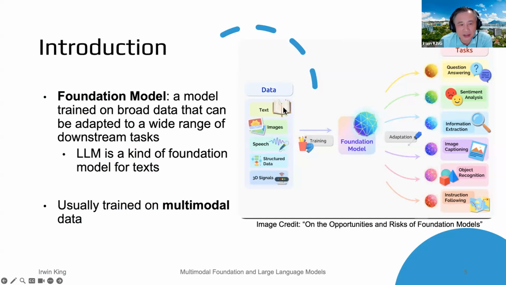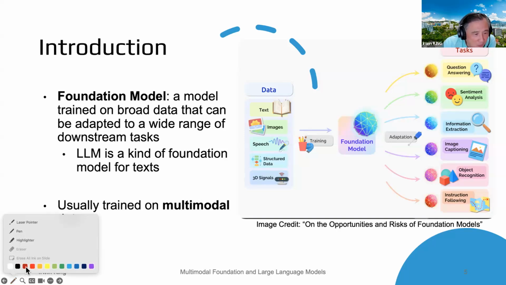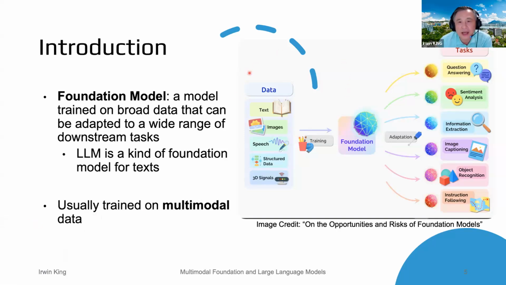You can see this on the left side with the laser pointer. These are the data. The foundation model has some kind of pre-training and then adaptation to downstream tasks. So you focus on very broad data, and then this could be an LLM, BERT, or whatever you have.